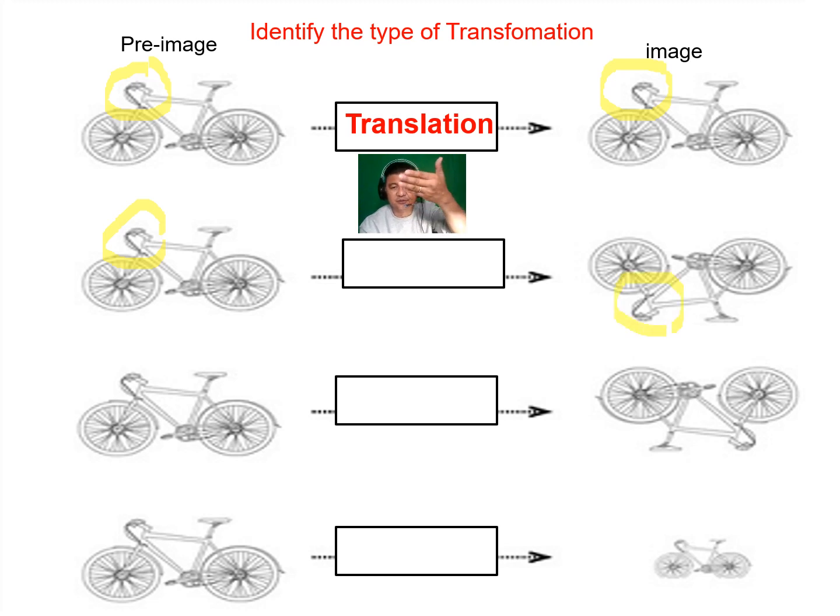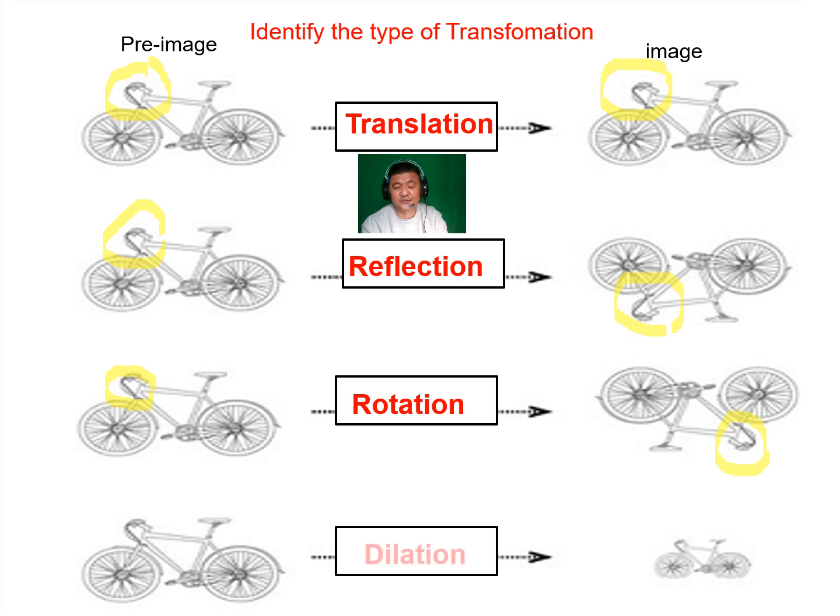So what happened? Did you observe that one? The flipping. So flipping is reflection. Now the handle's over here, suddenly the handle's over there. Do you think it's the same as the second one? No, it turned that way, therefore rotation. And this is so obvious, bigger to smaller, dilation.